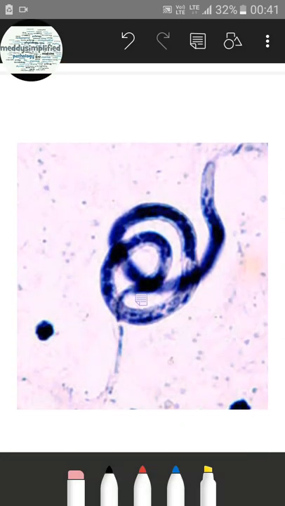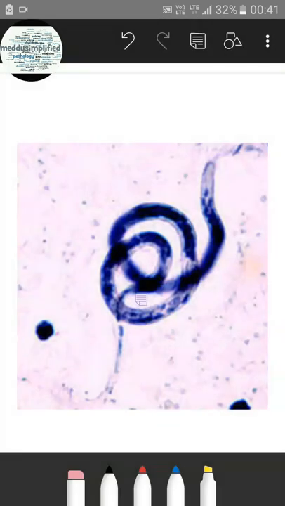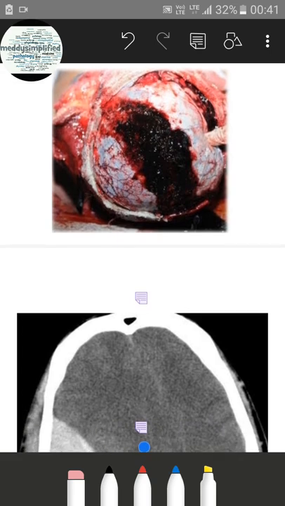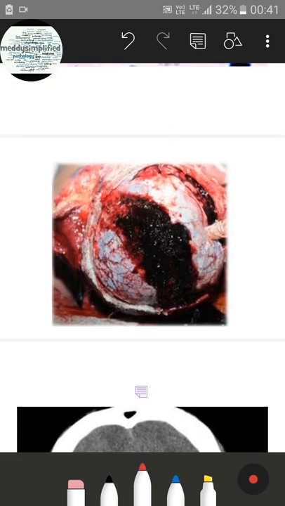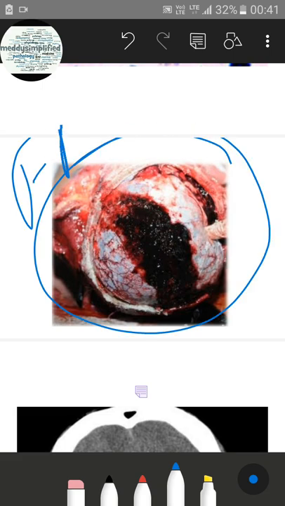Next, this creature was given, and it was asked what it is. A history was given actually, and the answer was Burkholderia mallei. The next question is a similar image from FMT, forensic medicine and toxicology, epidural hematoma or extradural hematoma.